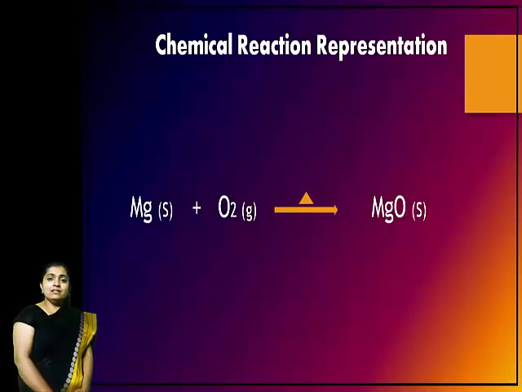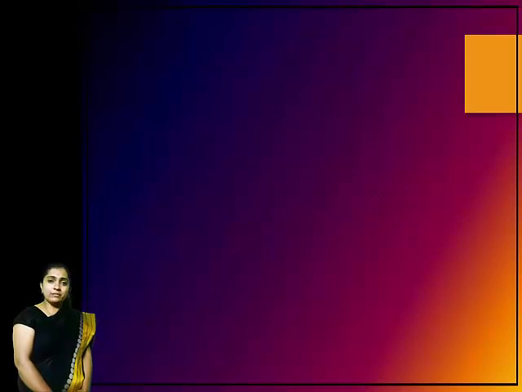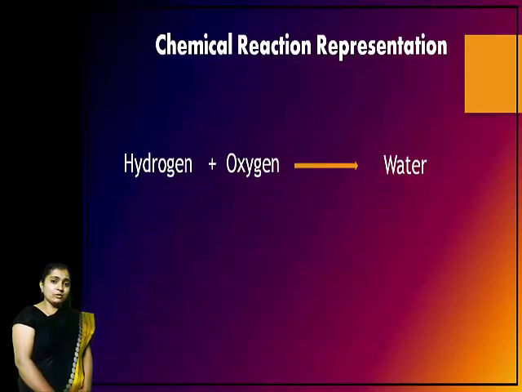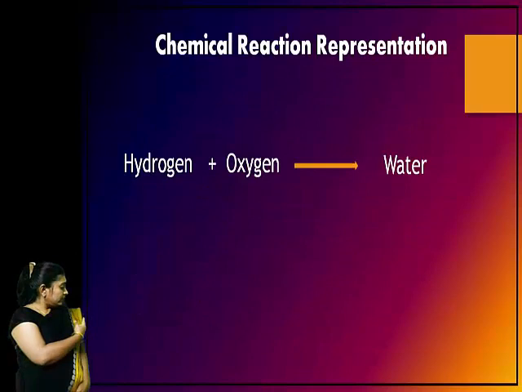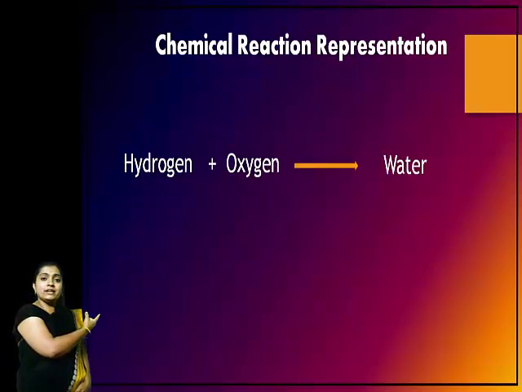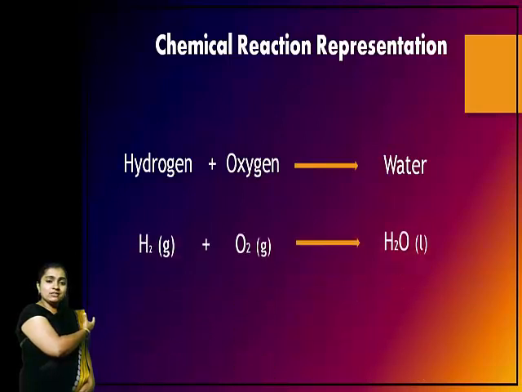Similarly, let's take another example, that is formation of water. In the formation of water, hydrogen combined with oxygen is converted into H2O. Here, the symbol of hydrogen is H2, as hydrogen occurs in nature in a molecular form.